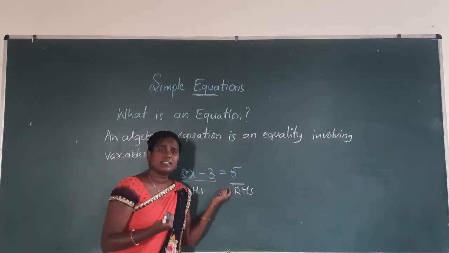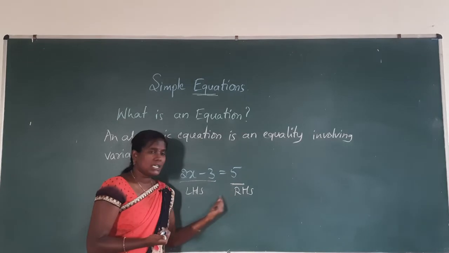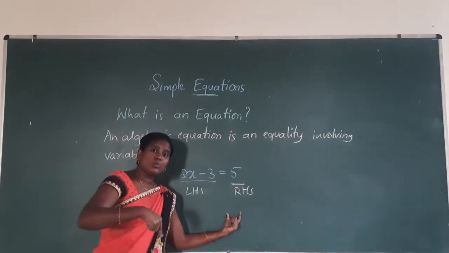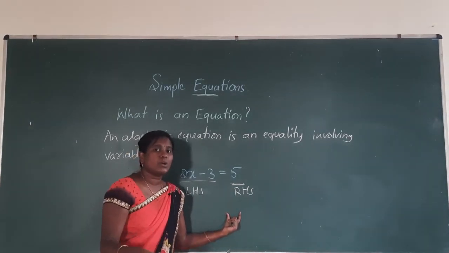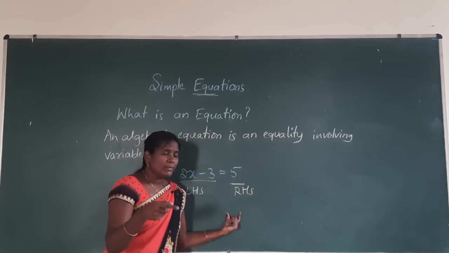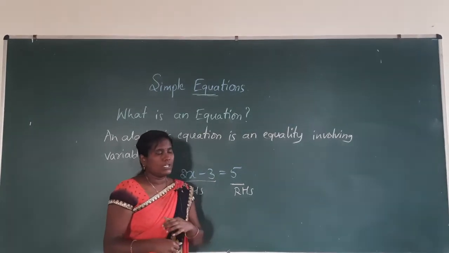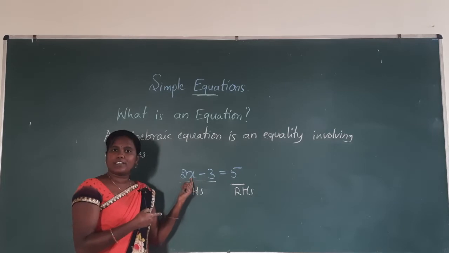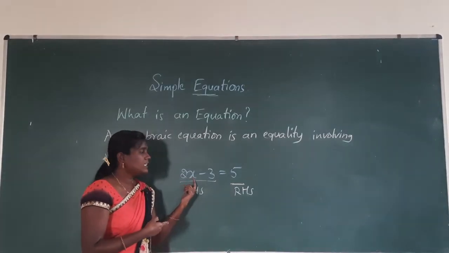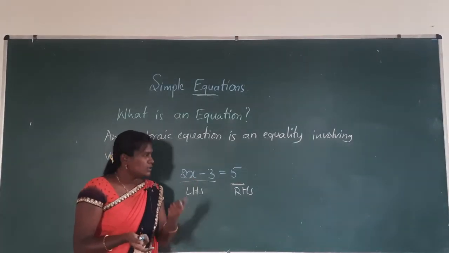The meaning is, when these two are equal, the answer at the end must be equal. To make that answer equal, we need to find the value of x. How to find it?